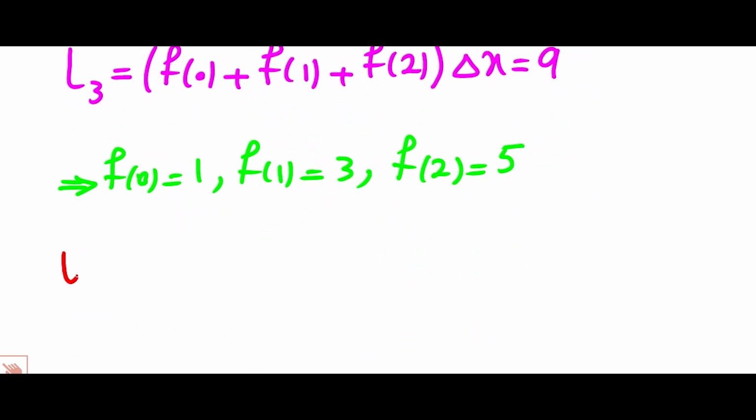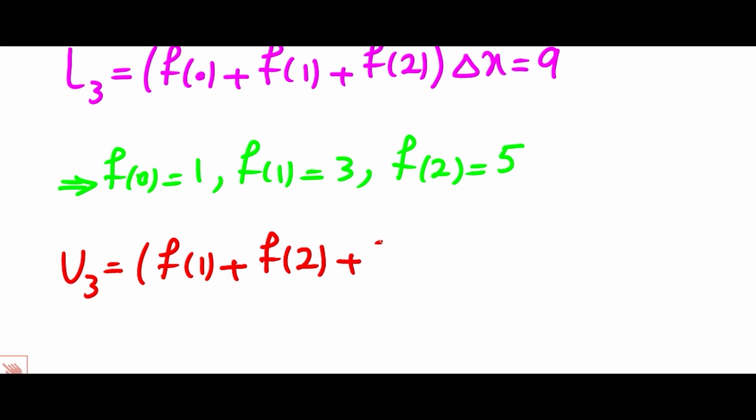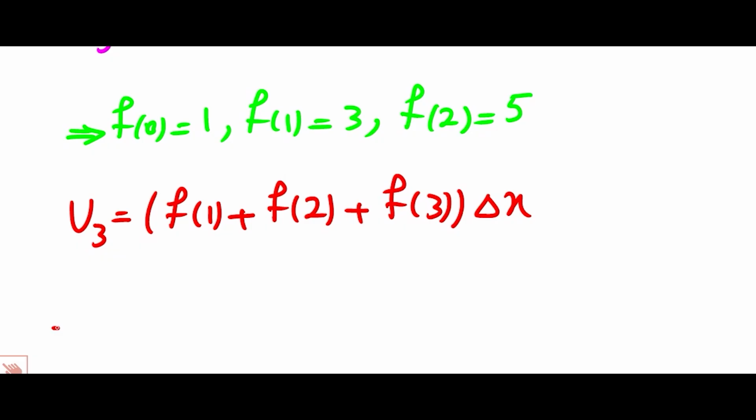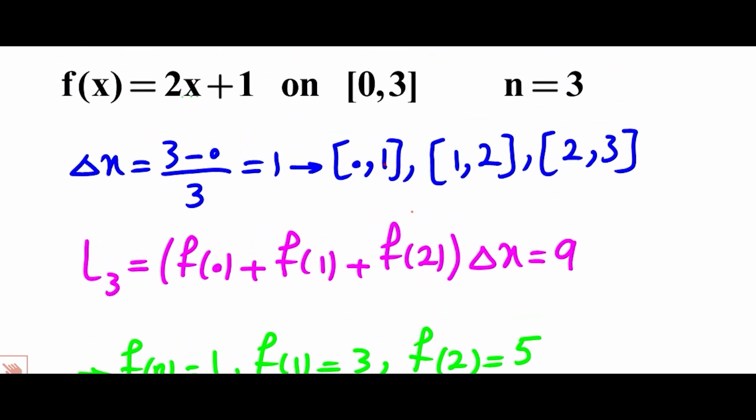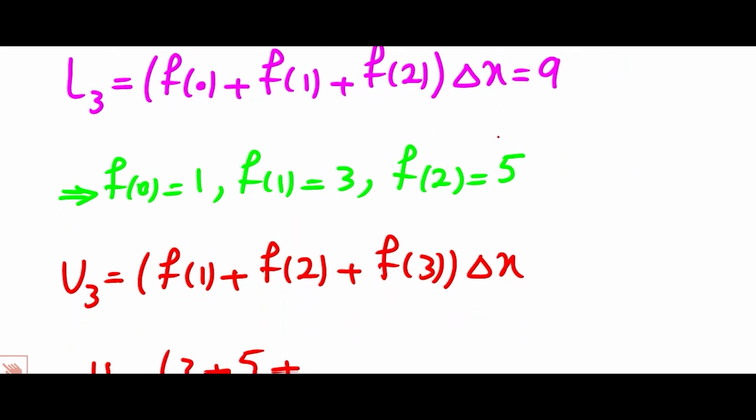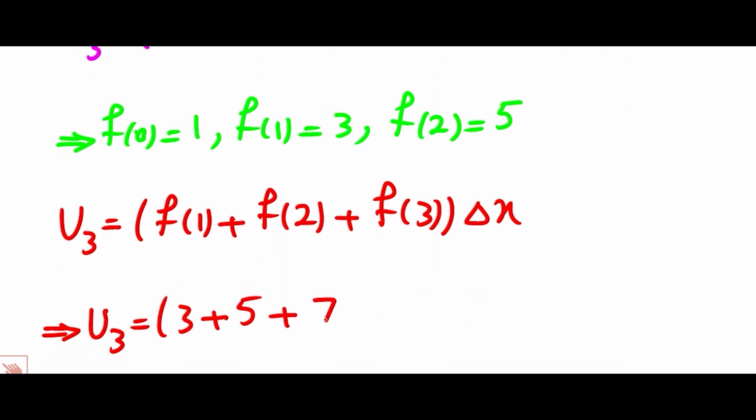So we have the upper sum U3 equals f of 1 plus f of 2 plus f of 3 times delta x. f of 1 equals 3, f of 2 equals 5, and f of 3, if we plug in 3 for x, we have 2 times 3 equals 6 plus 1 is 7, times 1, right?